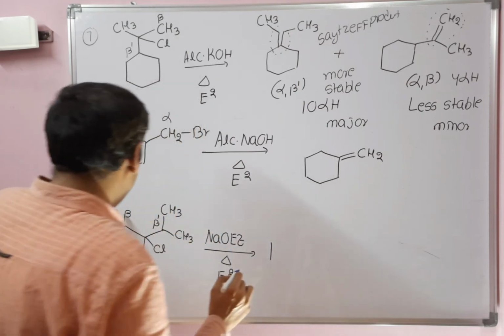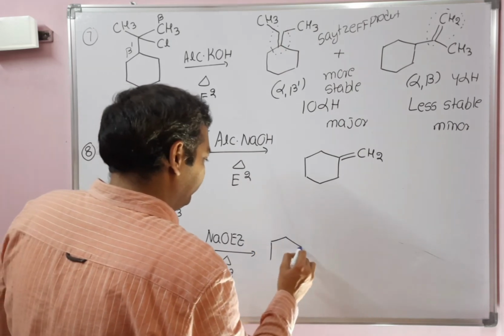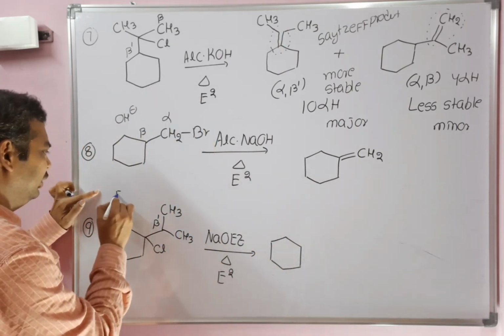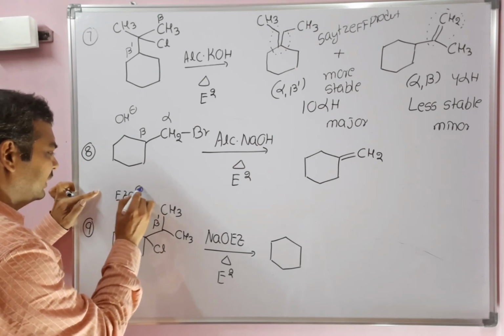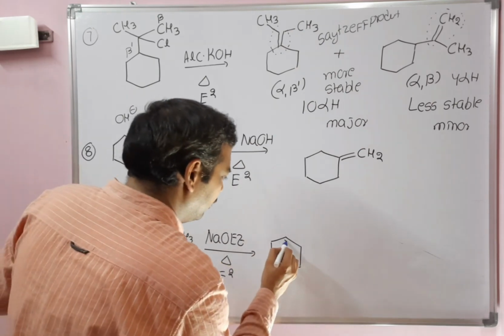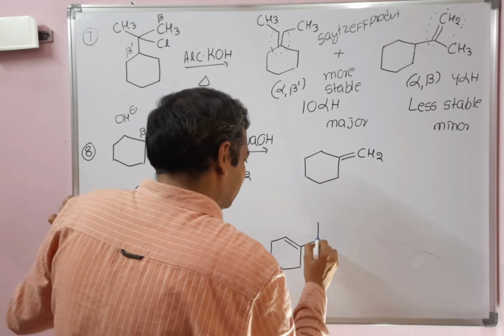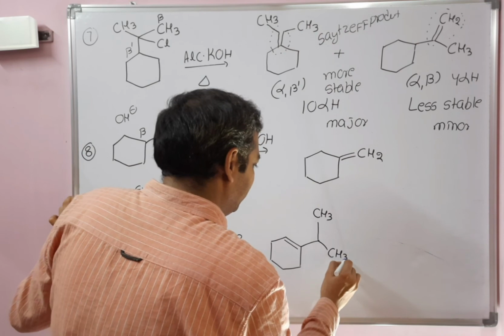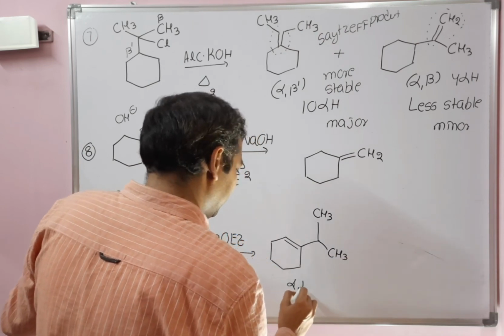First we will write with respect to this beta carbon. Then the product obtained is, suppose the base, ethoxide, EtO minus, abstracts a proton here, we will get a double bond here. Then the remaining is CH3 and isopropyl group. This is because of the alpha beta elimination.